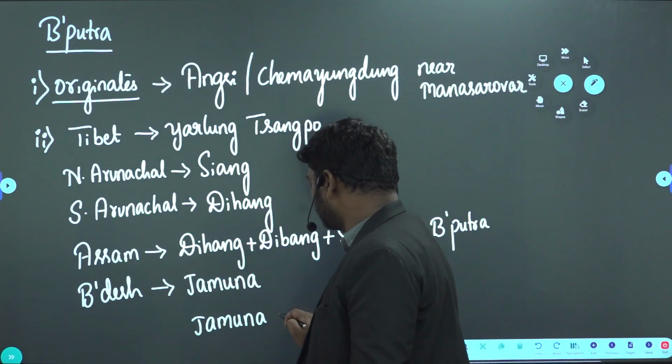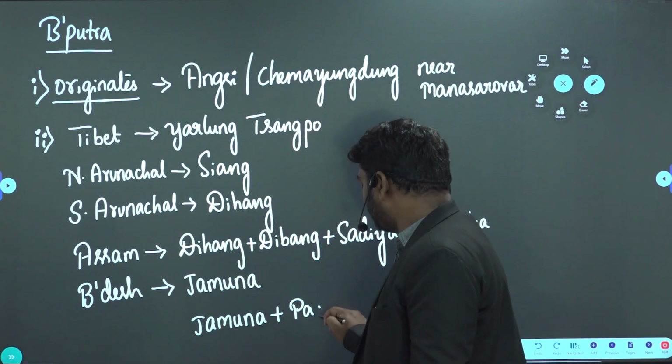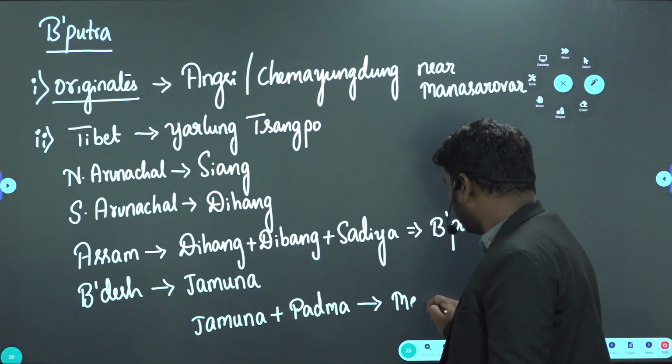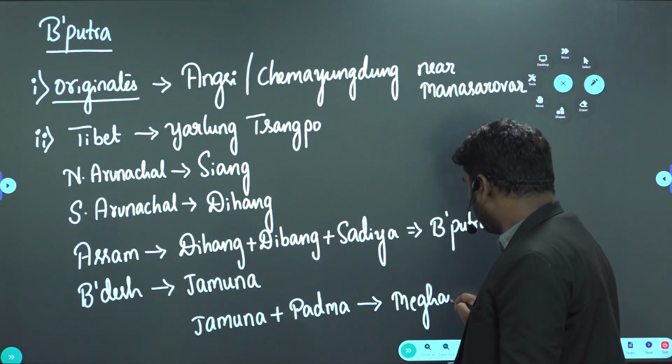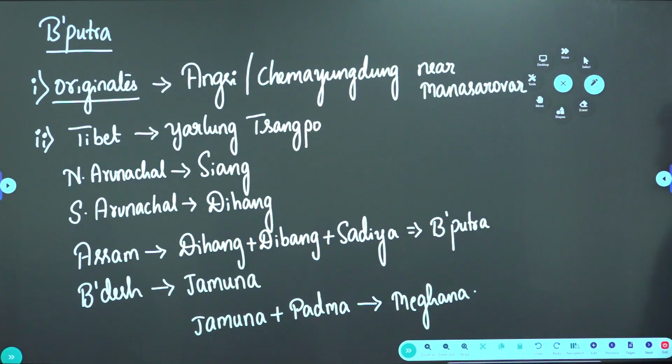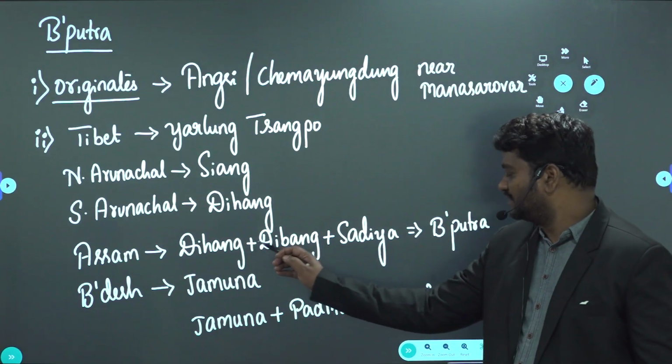Jamuna, after meeting Padma, will form Meghna. Brahmaputra, different names are only more. Right? Meghna. These three are very important, guys.